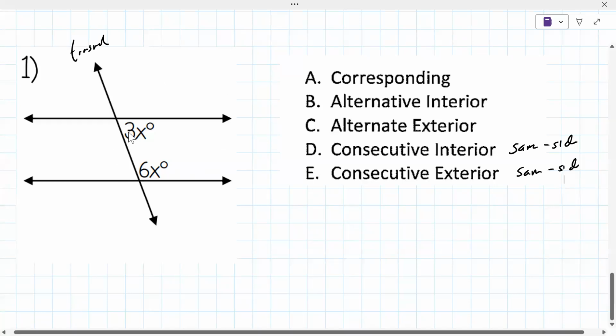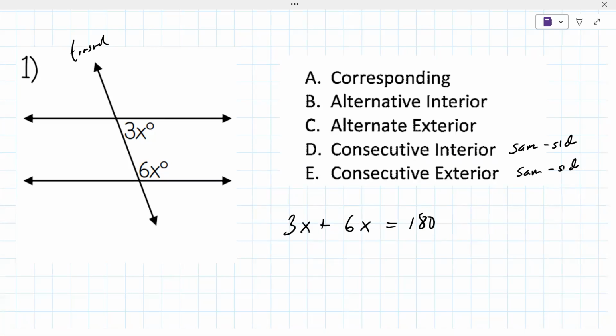So what is the relationship? Are these congruent or do they add up to something? They add up to 180. Yes. So could you now solve that for x and then put that back into the original equation?